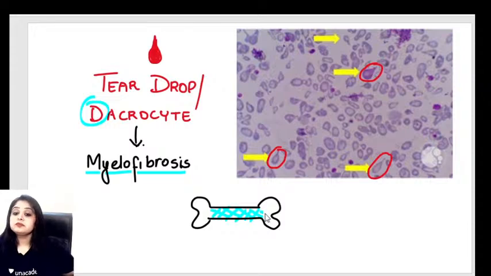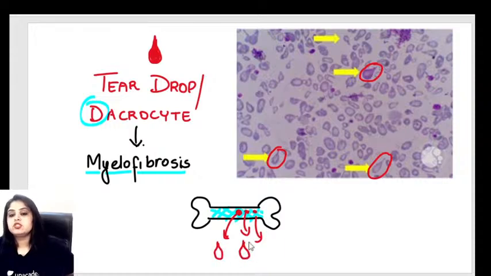Which means that when the red blood cells are trying to come out, they've got a proper meshwork of fiber. They have to force and find their way through. They have these fibers stopping them. So in that attempt of struggling and coming out of the marrow, their shape changes. They become teardrop in shape. So the reason for teardrop is the resistance that they face. The fibrotic tissue creates resistance and their shape changes.